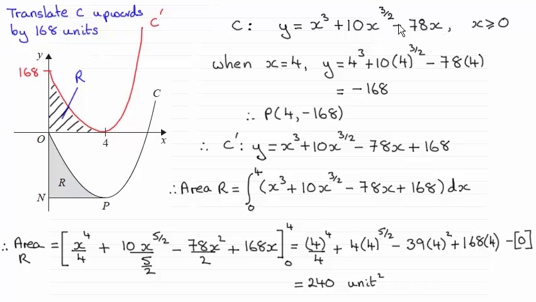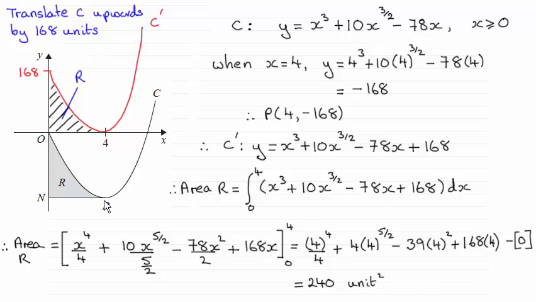You'll notice here, by the way, I've replaced what was kx with the value of k. Remember, we found out in the previous part it was minus 78. So when you substitute x equals 4 into here, you end up with y being minus 168. So the point P has coordinates 4, minus 168.